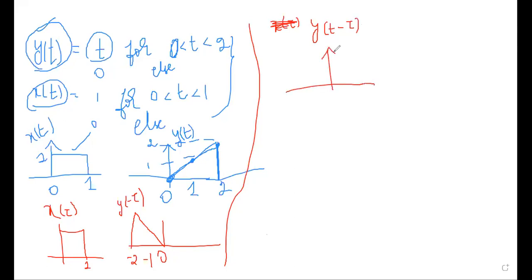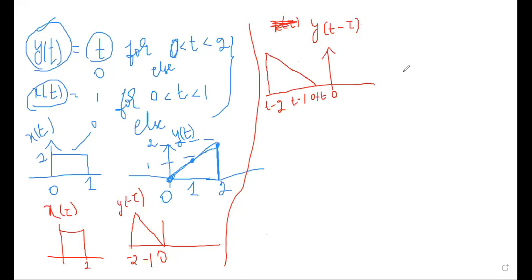Can I say here it starts from 0 plus t? Then minus 1 plus t, I can write it as t minus 1, and minus 2 plus t, I can write it as t minus 2. So now my diagram is between t minus 2 and t.